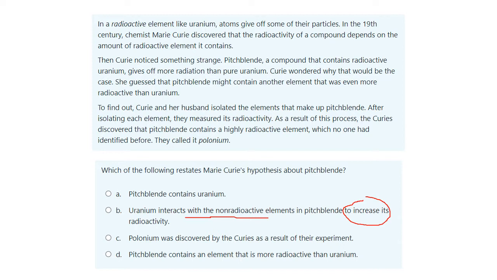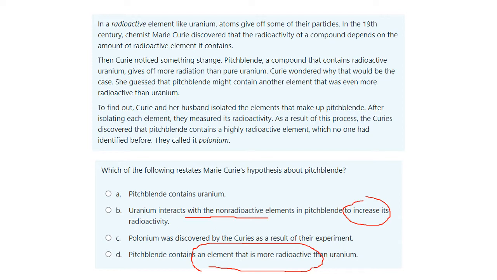D, pitchblende contains an element that is more radioactive than uranium. A hypothesis, remember, is a guess. Something that is not stated, not proven true or false straight away, but a guess about what happens. So what did Marie Curie think?